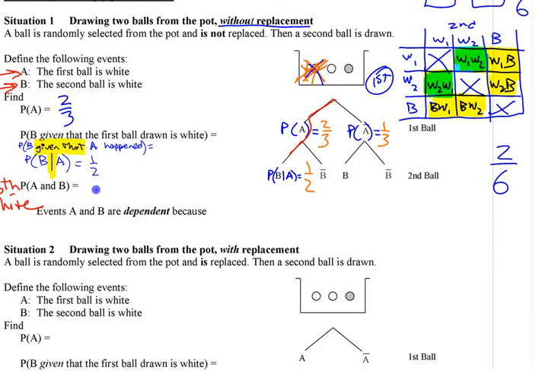The chance of A and B is going to come from the chance of A times the chance of B, except it's not just the chance of B. You have to multiply the chance of A by the chance of B given that A has happened. It's still what you did in grade 8 or 9. Chance of A times chance of B is when there's an AND here.